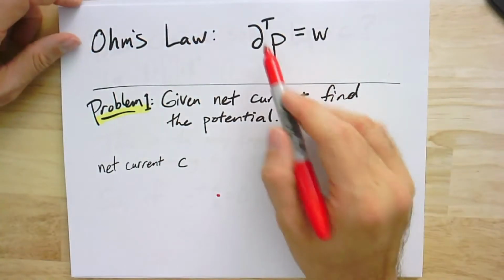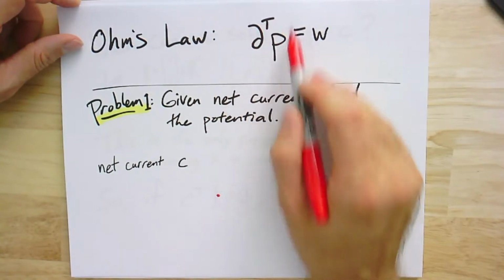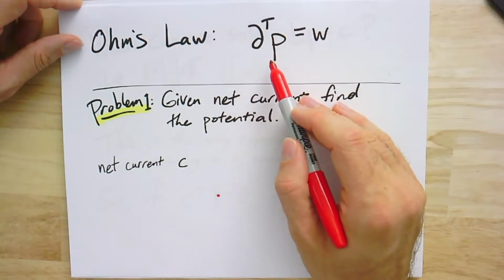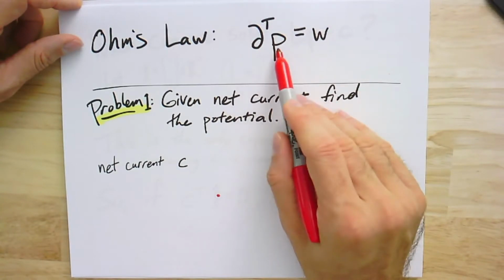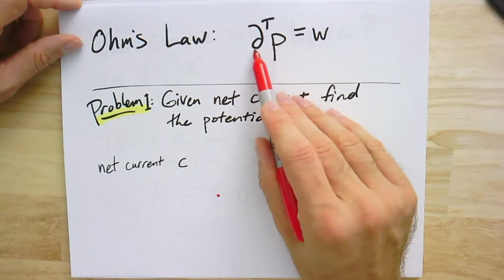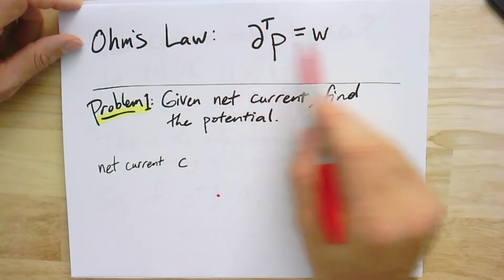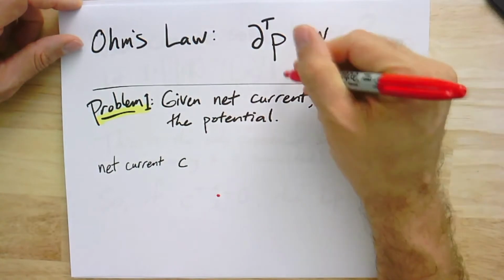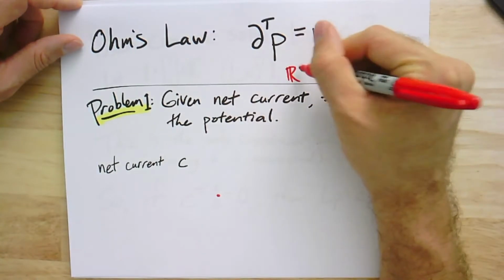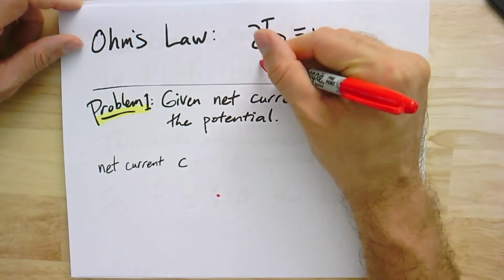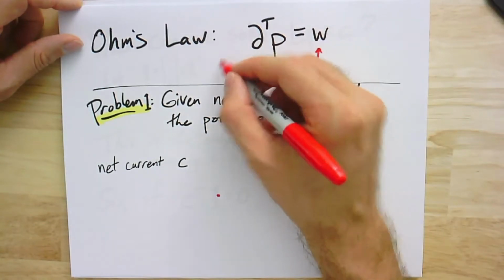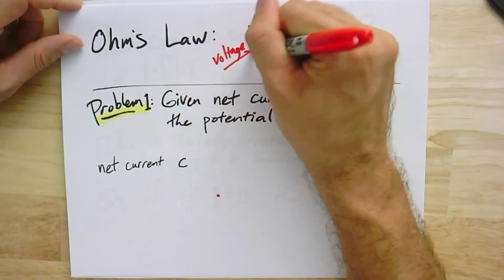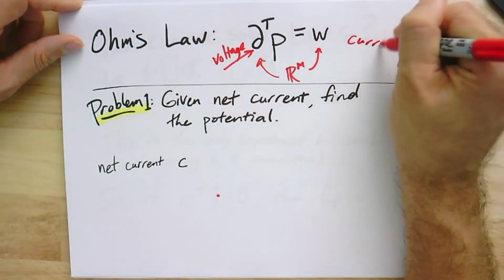Ohm's law was about the voltage, and this is going to be the voltage on all the edges, right? So this is a vector in R^m, for every edge. It gives me the potential difference, or the voltage, and that's going to be equal to this other vector in R^m, which is the current. Okay, these are both in R^m. And again, this is voltage and current.